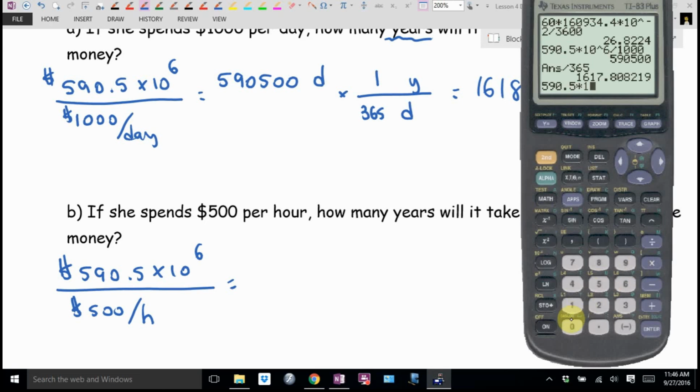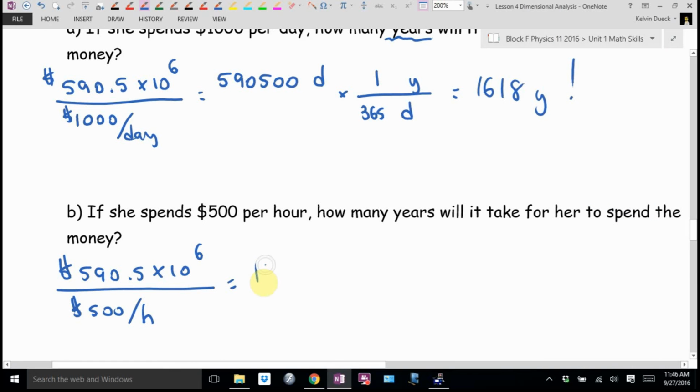590.5 times 10 to the 6th divided by 500. So it's going to take her 1181 and 3 zeros hours. Can she do that in her lifetime? Let's convert that to years. Don't we already have earlier in our notes a conversion factor to go from hours to years?